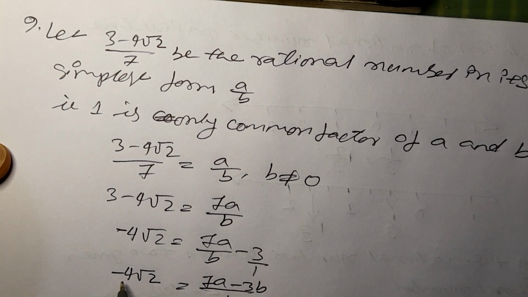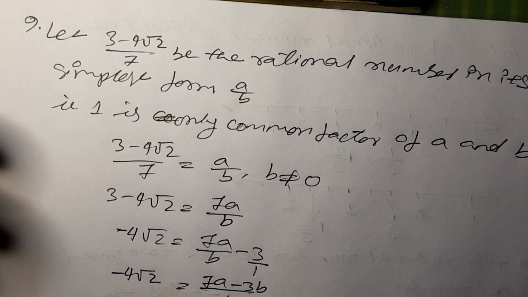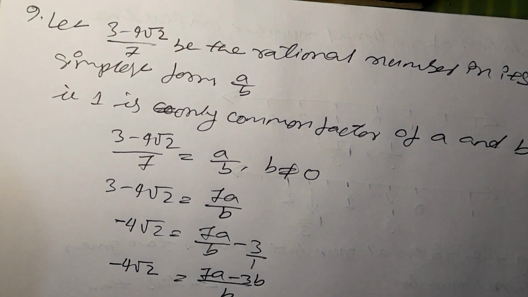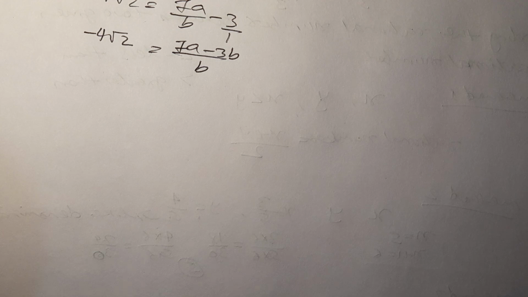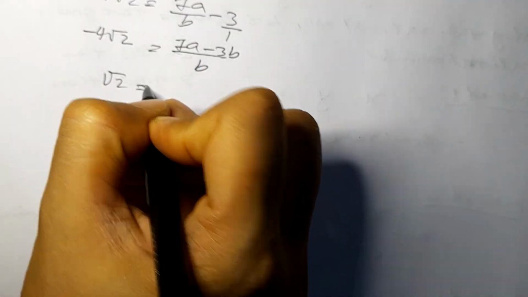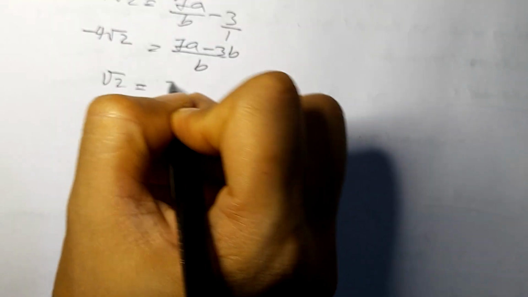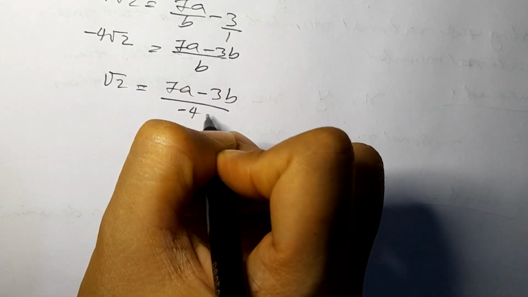Now take the minus 4 to that side. If we take the minus 4 to that side, it will be divide. So root 2 equals 7a minus 3b divided by minus 4b.